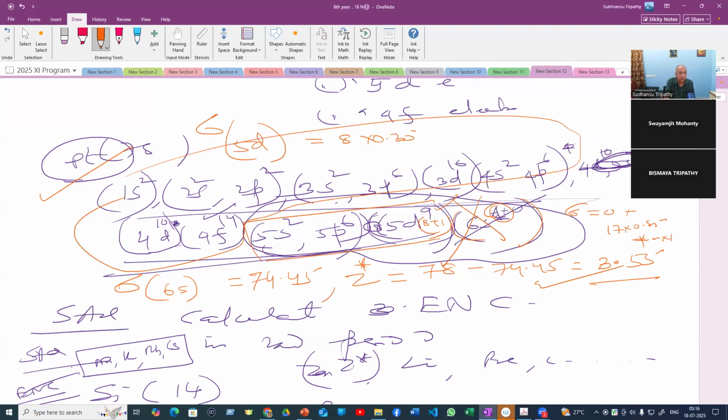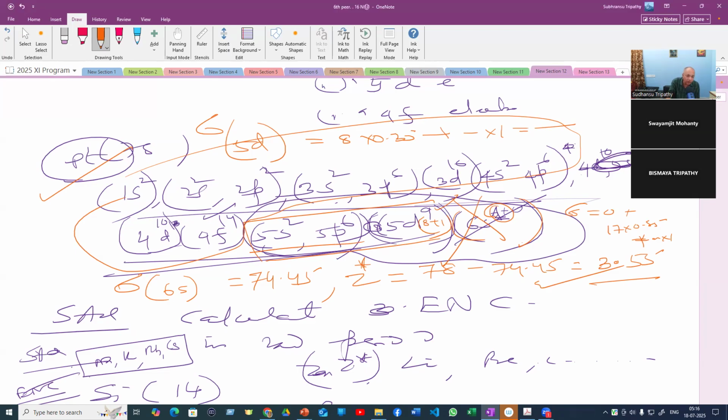The D group is a separate group. 8 into 0.35 plus all the lower groups, all taken together into 1. Whatever you get, that is the screening constant for any D electron, 5D electron, I'm sorry.